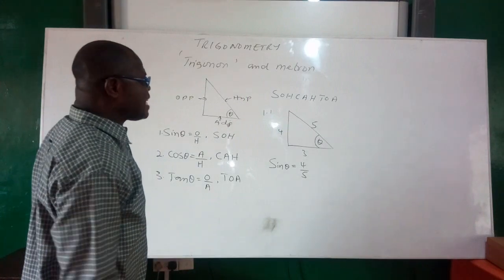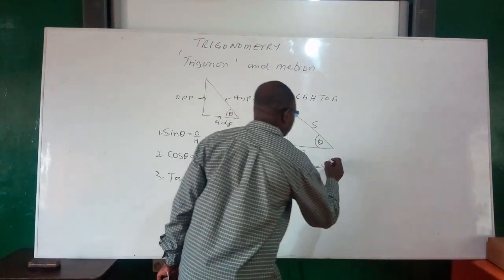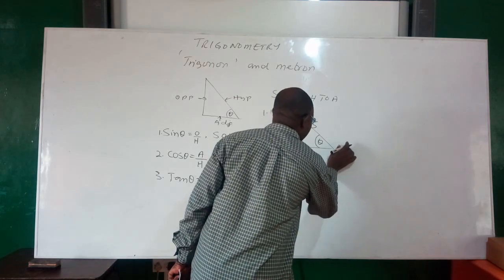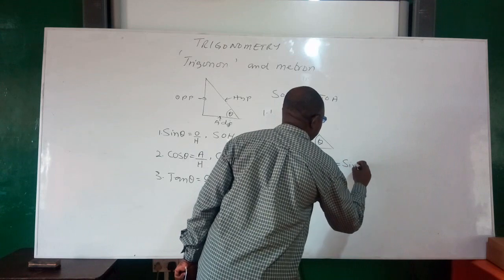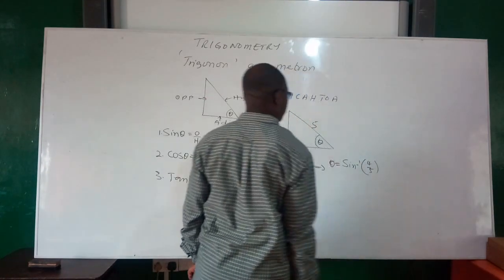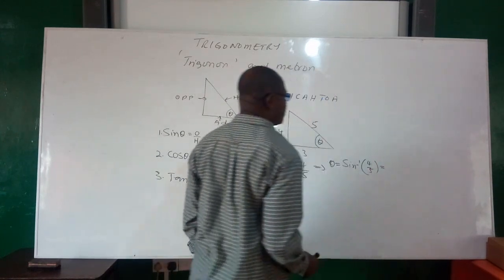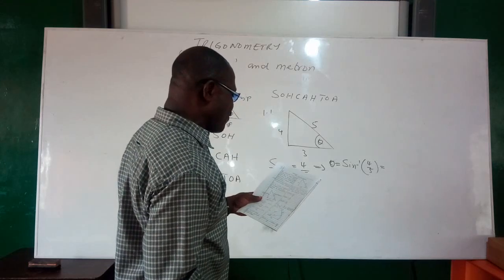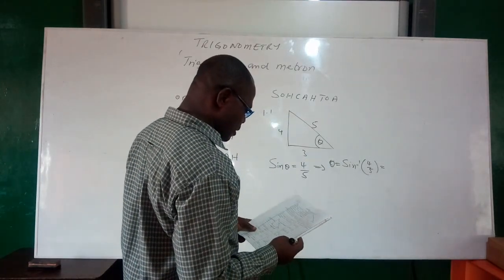If we were to find the angle, this implies that theta is sine inverse of 4 over 5. Now, when we click this from our calculators, sine inverse of 4 over 5 will give us something. Do it and let's all see.